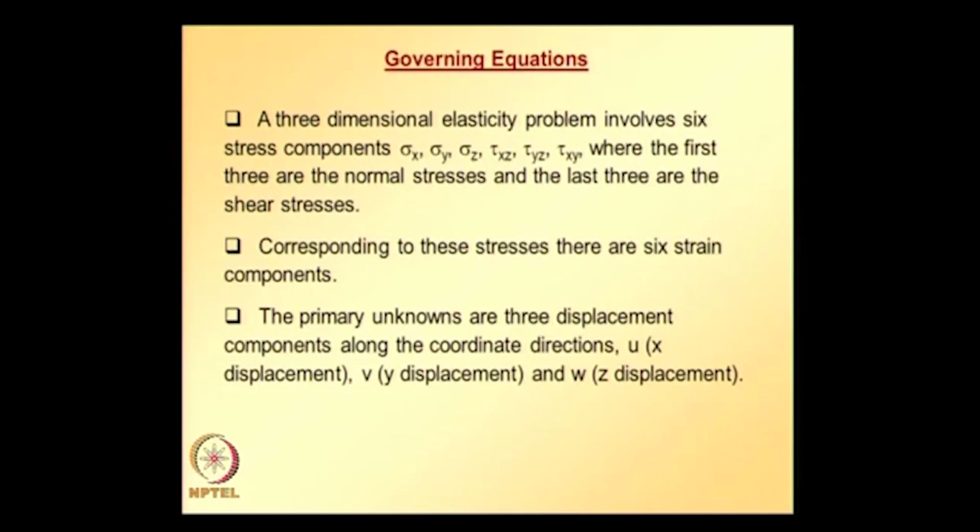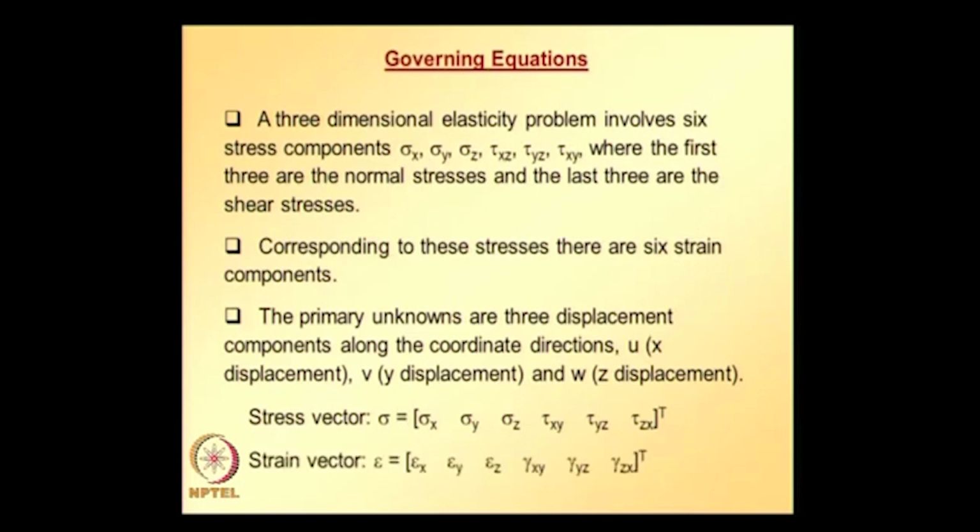So these are the 3 displacement components, u, v and w, and there are 6 stress components, and all these 6 stress components can be put together in a vector denoted with sigma as shown here, and strain vector consists of 6 strain components. All these 6 components of strain can be put together in a vector denoted with letter epsilon in this manner.